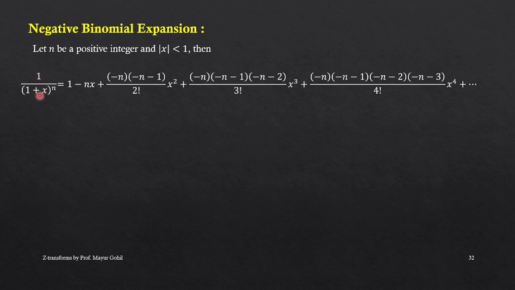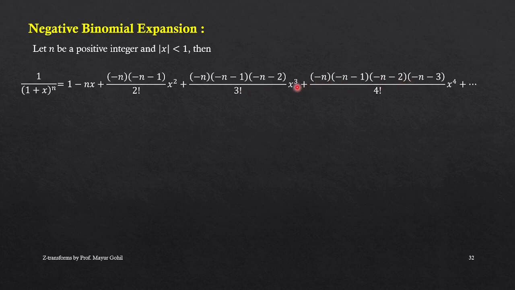1 upon (1 plus x) whole raised to n is equal to 1 minus nx plus (minus n)(minus n minus 1) x square, plus (minus n)(minus n minus 1)(minus n minus 2) over 3 factorial into x cube, plus so on, the pattern follows.